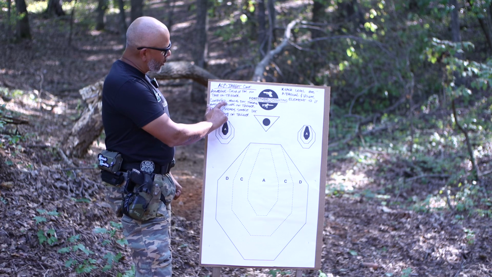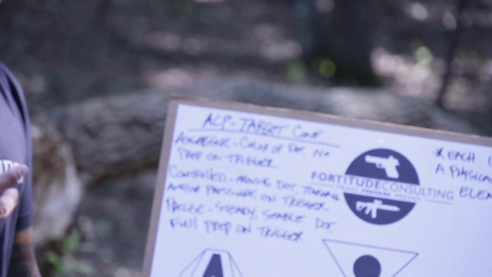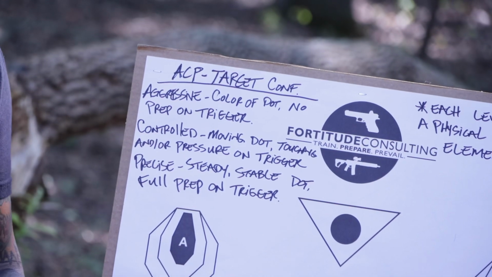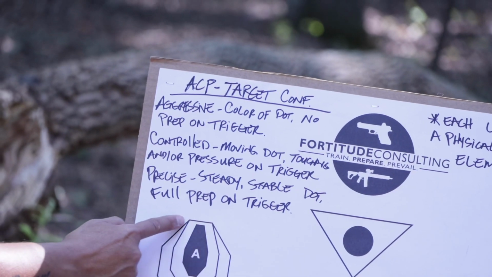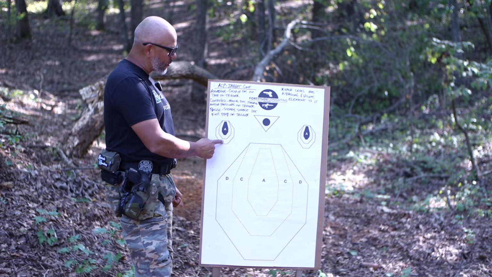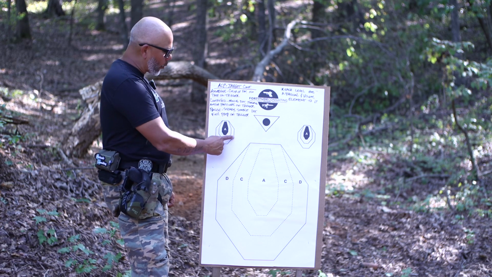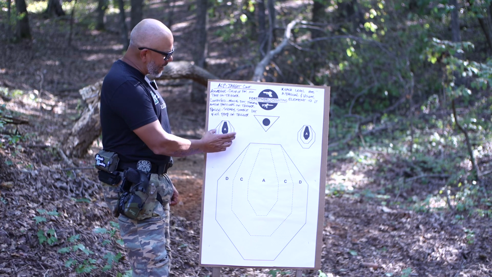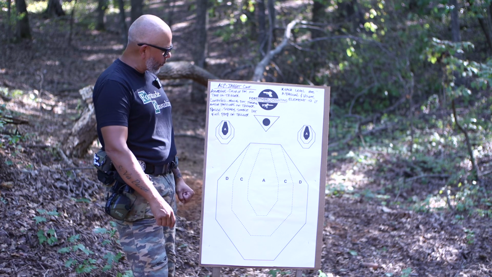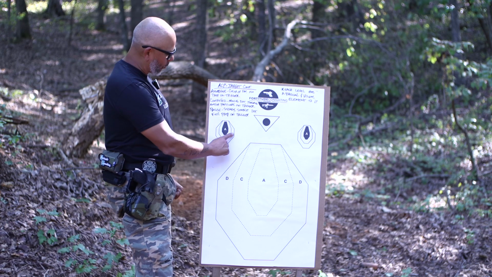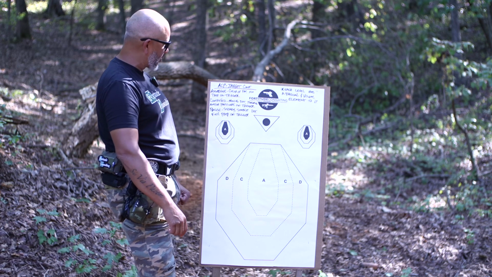Dropping down to the controlled level of target confirmation. The controlled level of target confirmation is something we might use on this reduced size USPSA Classic with the goal of just hitting somewhere inside that outer border or outer perforation, if you will.